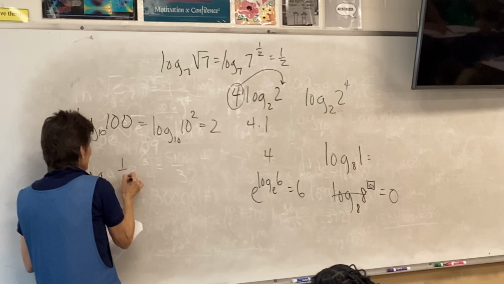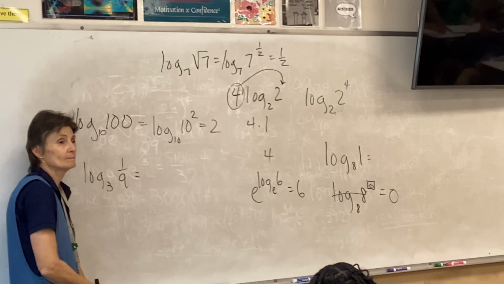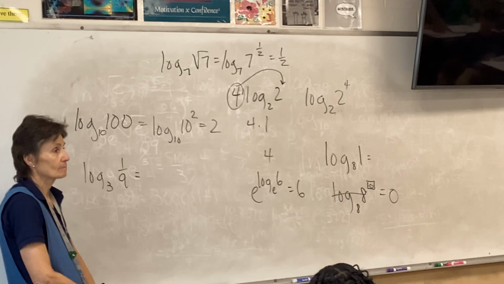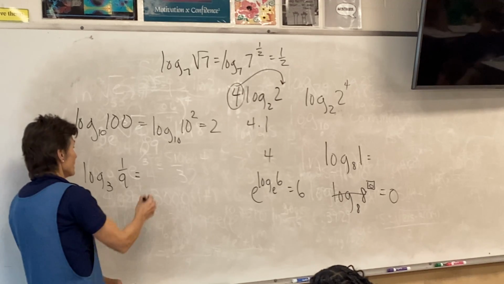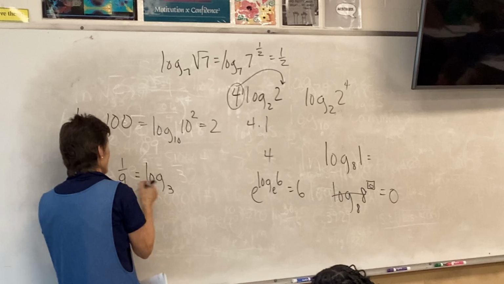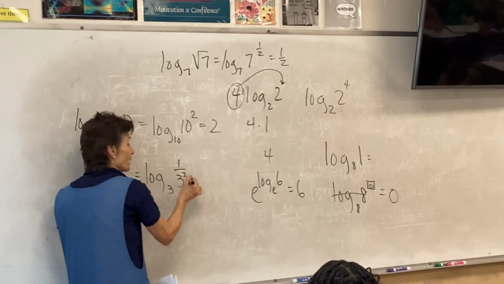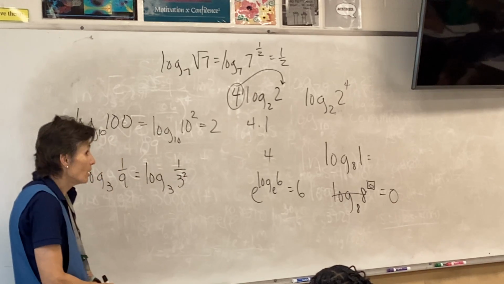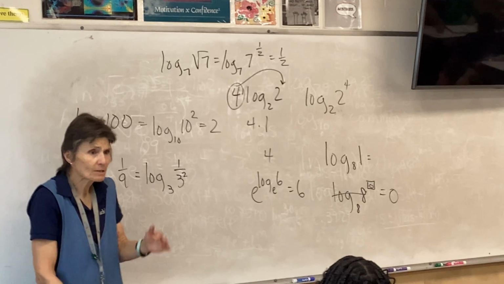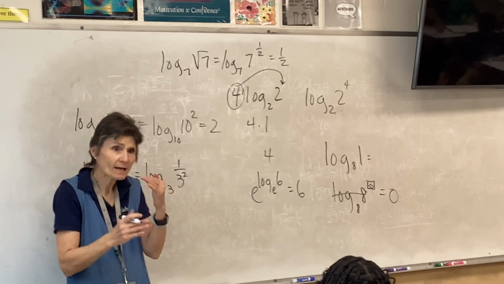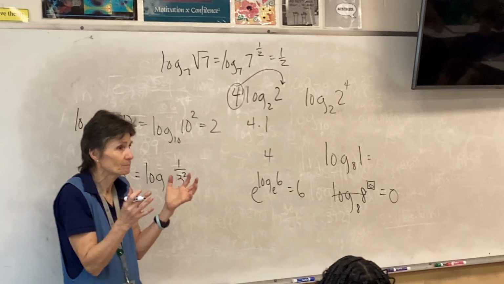Ooh, what about this one? Log base 3 of 1/9. That's a good one. Now, would you agree that 1/9 is 1 over 3 squared? So we're getting close. But we have to get rid of the 1 over. Well, how did the 1 over happen? What kind of exponents give me 1 overs?